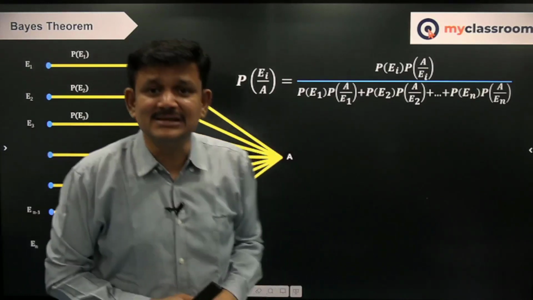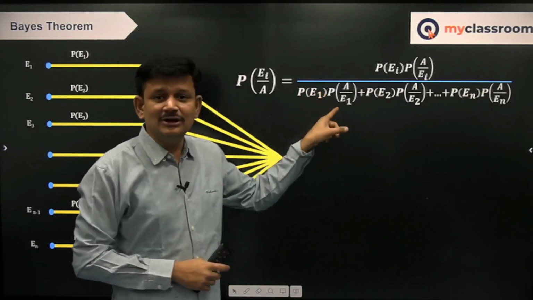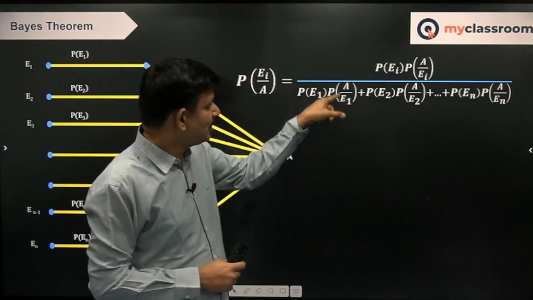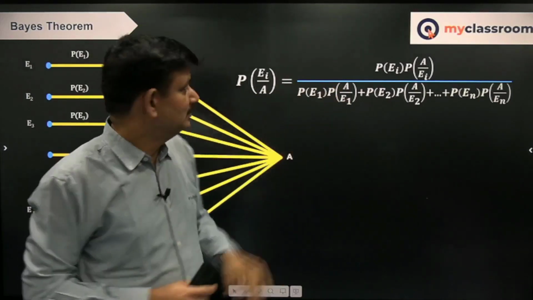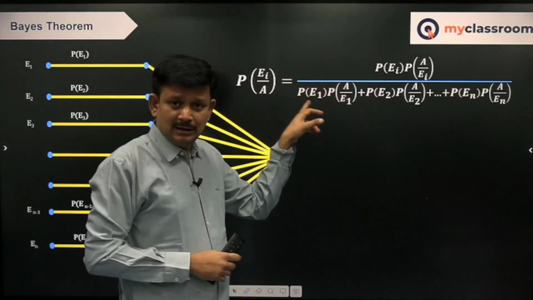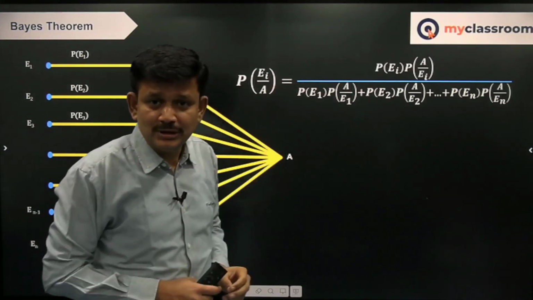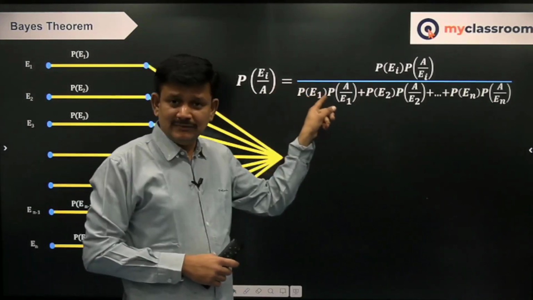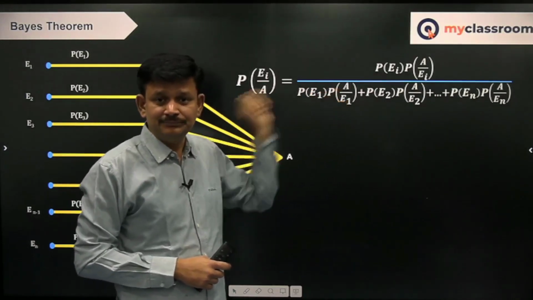And 'and' in mathematics is replaced by the multiplication sign. And given that he is traveling on road number 1, what is the probability of occurrence of the accident? P of A given E1. So, what is the probability that he will choose road number 1, and given that he has chosen road number 1, what is the probability of occurrence of the accident?